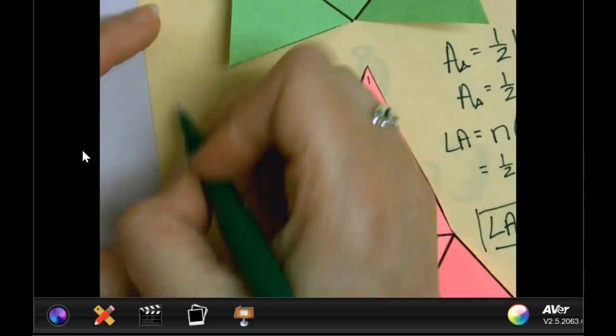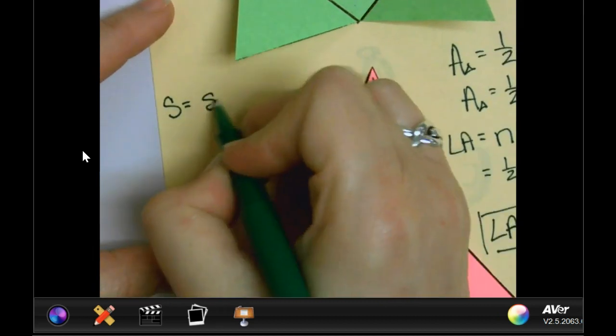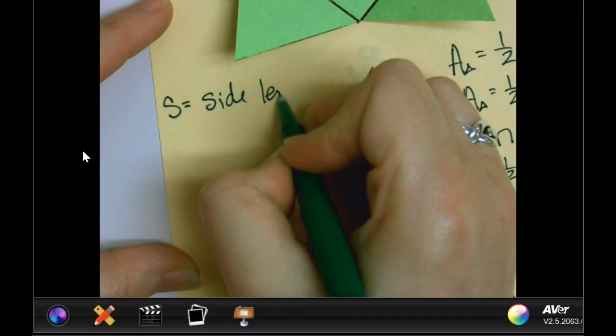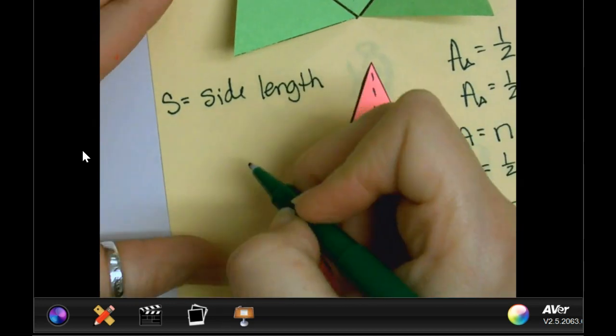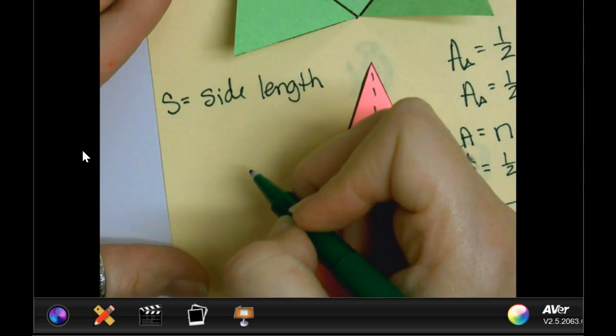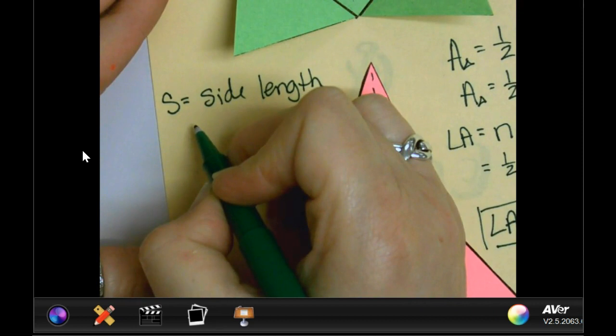Okay. Now, off to the side over here, I want you to write that S is equal to the side length of what? The base. Okay, so it does represent the base, but it's the side length of the base.